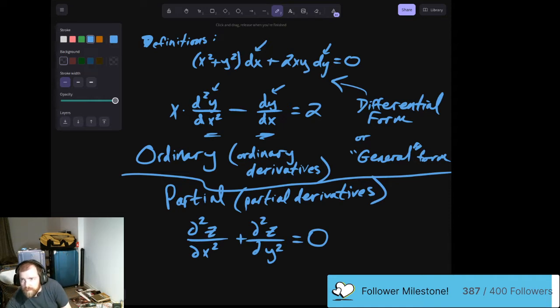So back to here. Okay. Alright, so the Laplace equation is one of the partial differential equations.